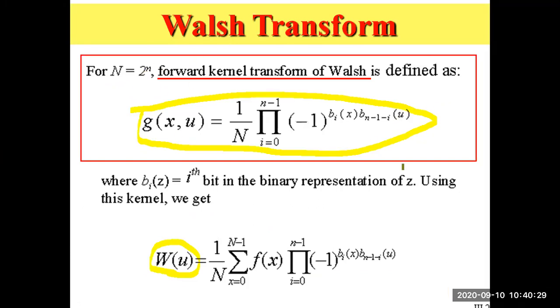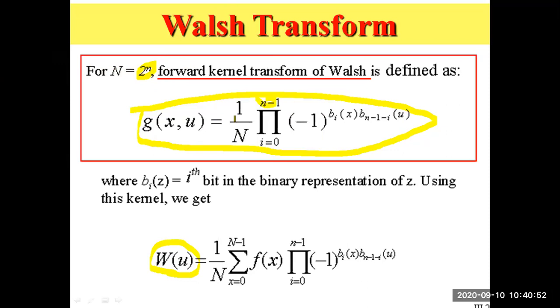Here small n minus 1, what is the small n value? How are we getting the small n value? Here capital N equals 2 power n. Capital N equals 8, so 2 power how much is it?